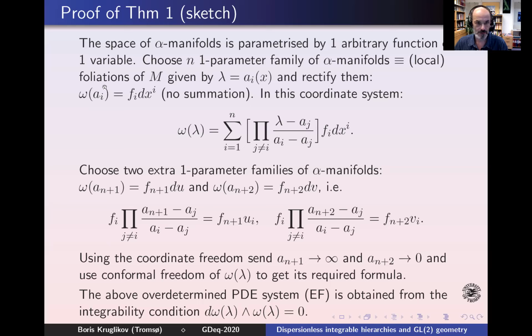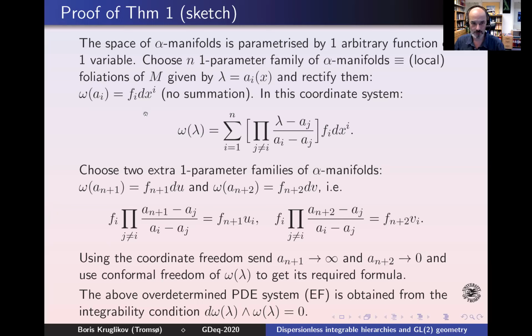And so here is the value for our a_i. We take lambda to be equal to a_i, and this has to be a foliation. There's no summation here, because there's just a factor, but the foliation is given by x_i equal to constant.